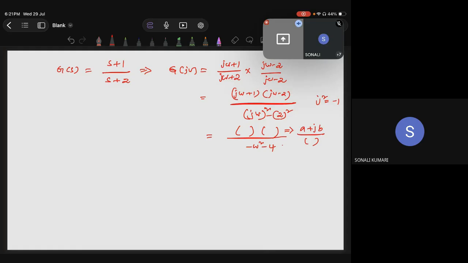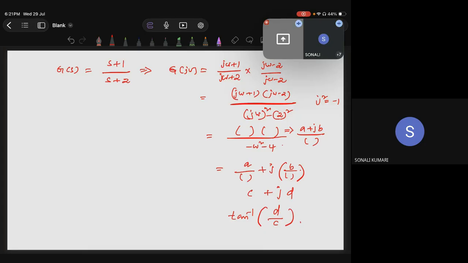So A by this plus j B by this. Now this is your c plus j d. What is the overall angle? It should be tan inverse of d by c.